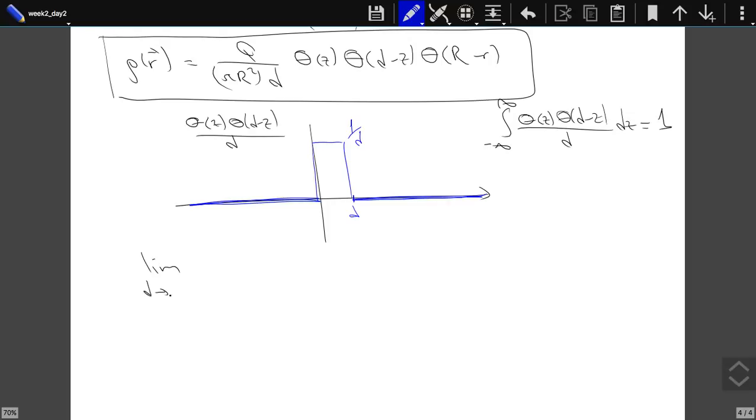So the limit as d goes to 0 of theta of z, theta of d minus z, divided by d, is equal to the Dirac delta of z.